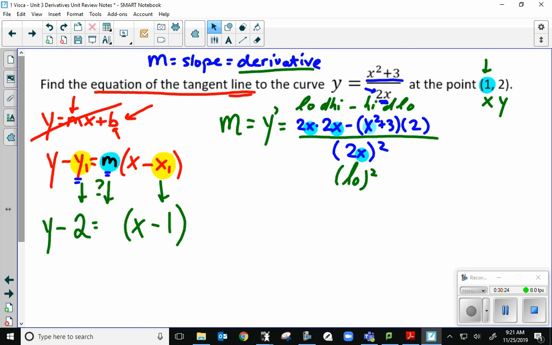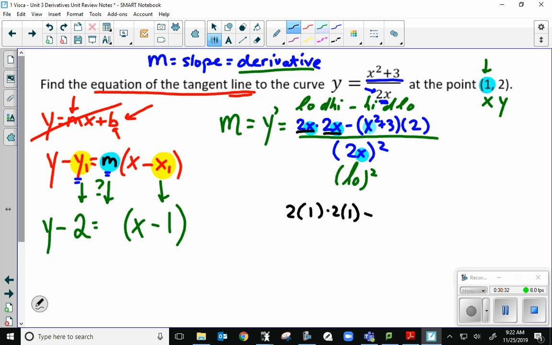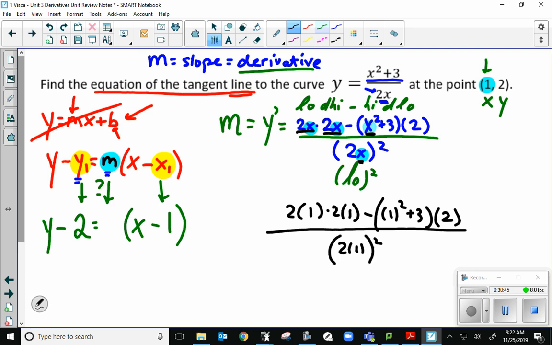So we have 2 times 1, times another 2 times 1, minus 1 squared plus 3, times 2, all over 2 times 1, this whole quantity squared.